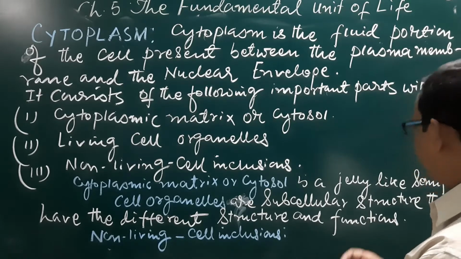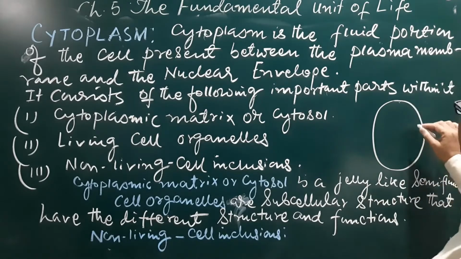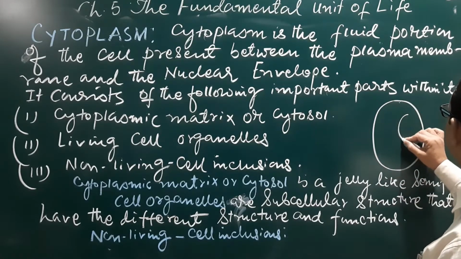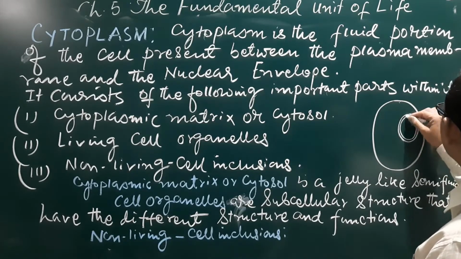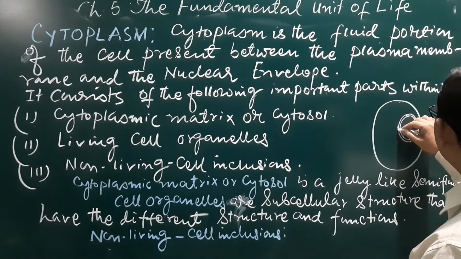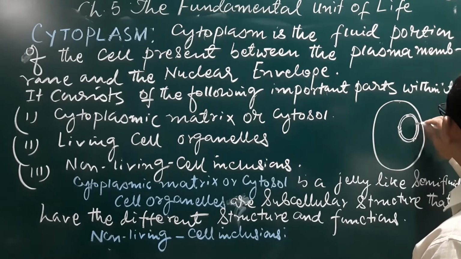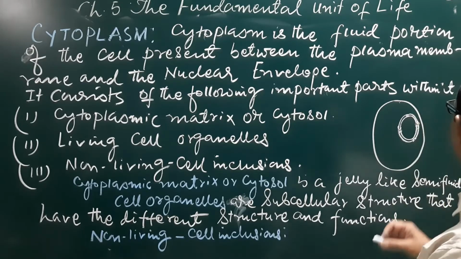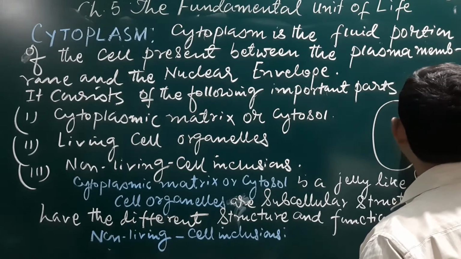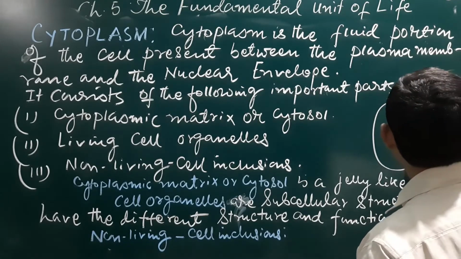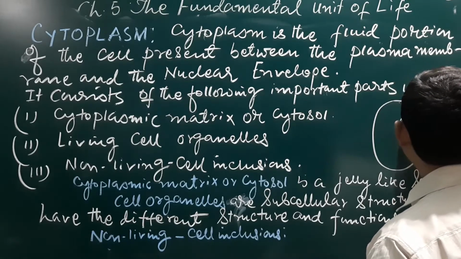If you have an idea about the structure, you may have seen this type of structure. Here there are the chromatin network, the nucleolus without any membrane, and the nucleoplasm.